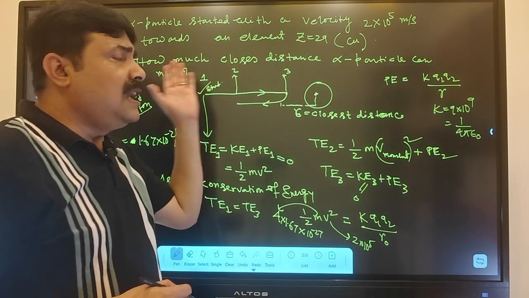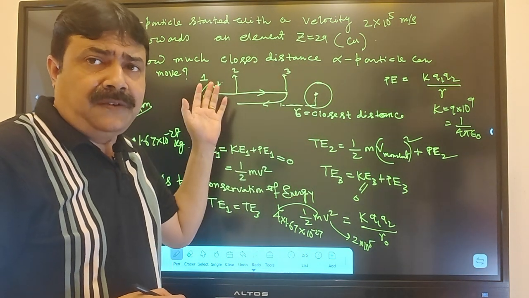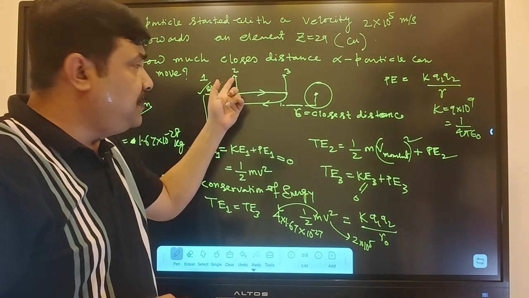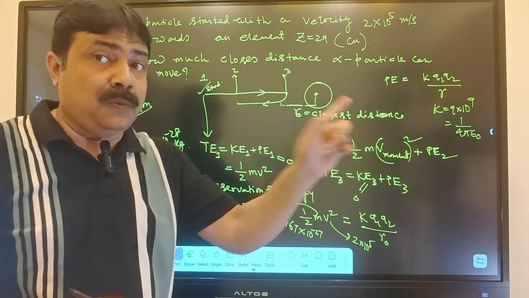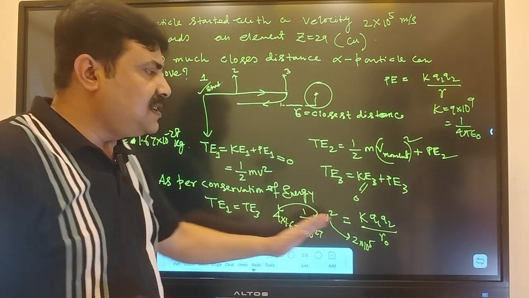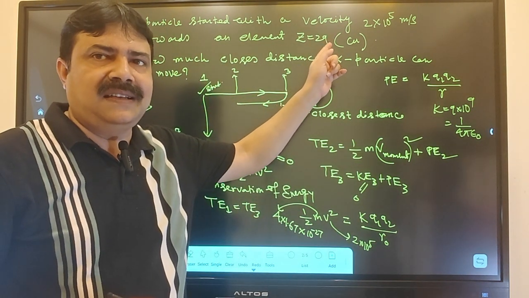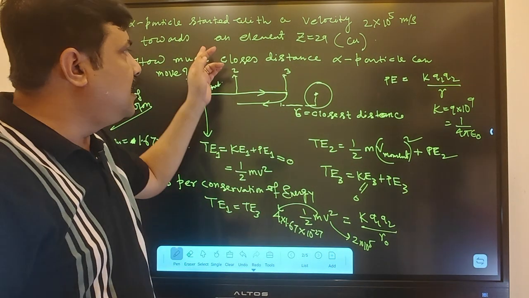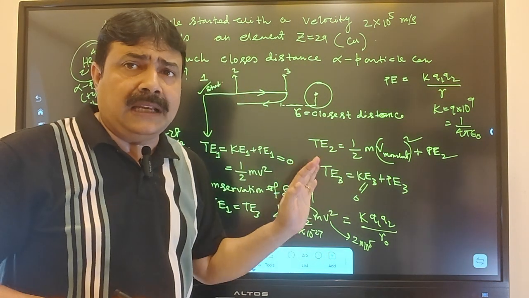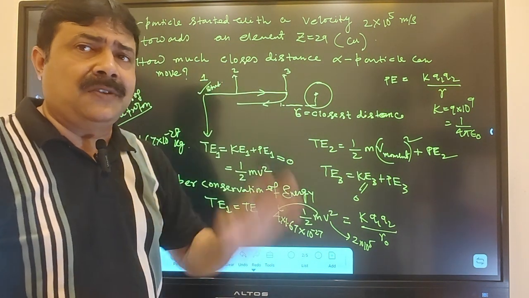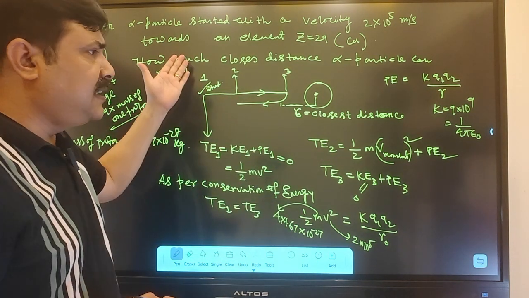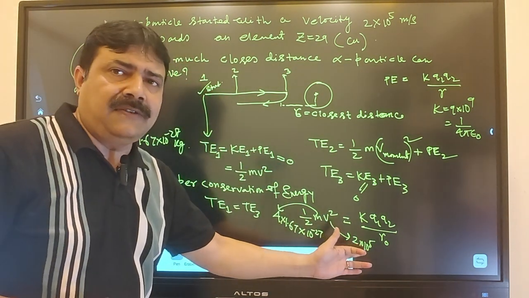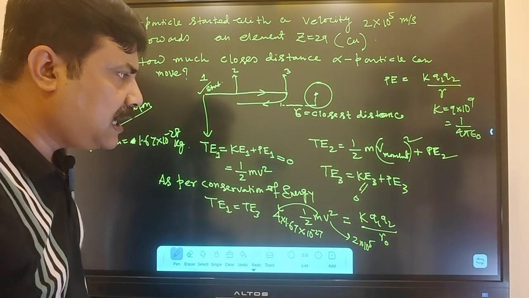Here we consider the velocity not decreasing; for a middle point, they would have to give you the velocity at that moment. Here we consider the initial velocity, because this is the initial point kinetic energy, that's why I keep the initial velocity 2 into 10 power of 5.